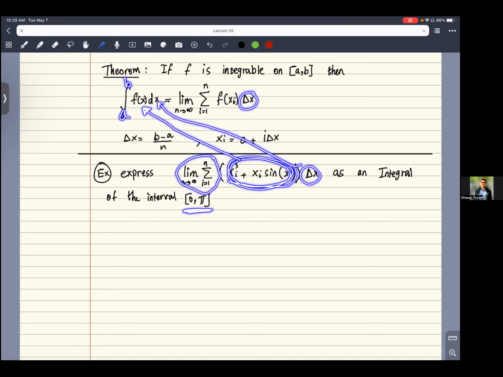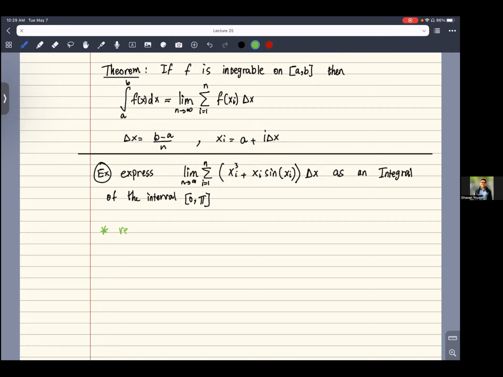Make sense? So I'm going to give small notes before solving a question like that. Here I can say we're going to replace the limit sum, n goes to infinity, from i equals 1 to n, by this symbol, the integral.